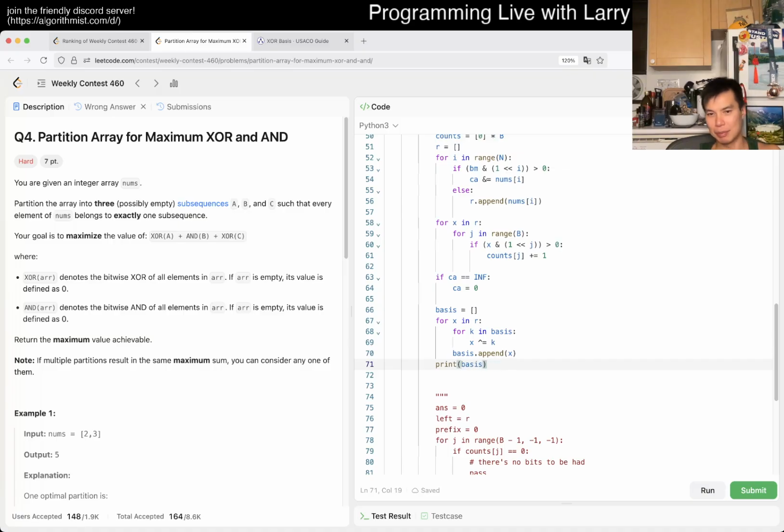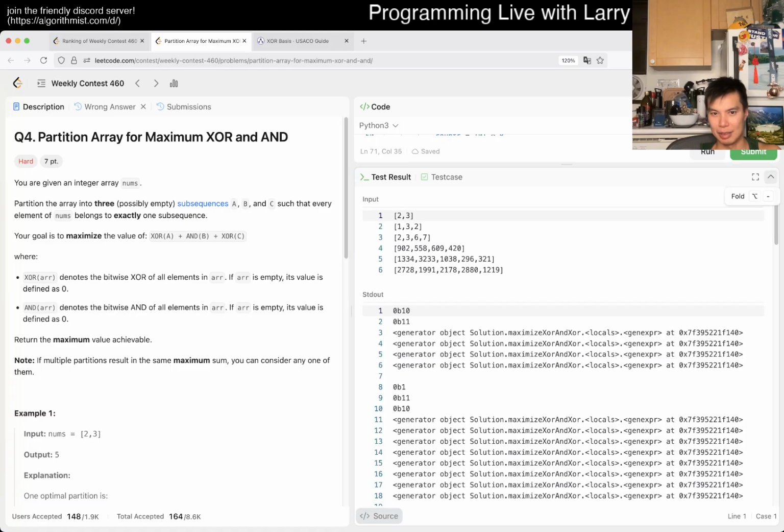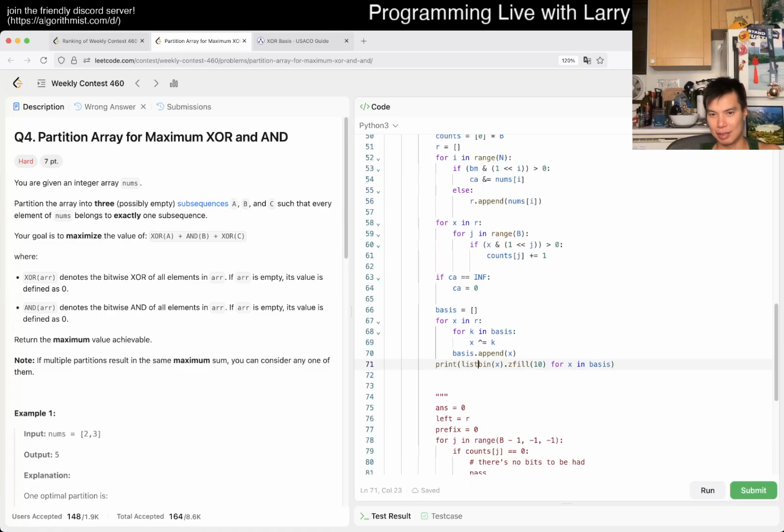It would be binary x for x, and also, let's see, fill, and then minus the prefix maybe. Let's see if it was right. Okay, fine. Convert it to a list.